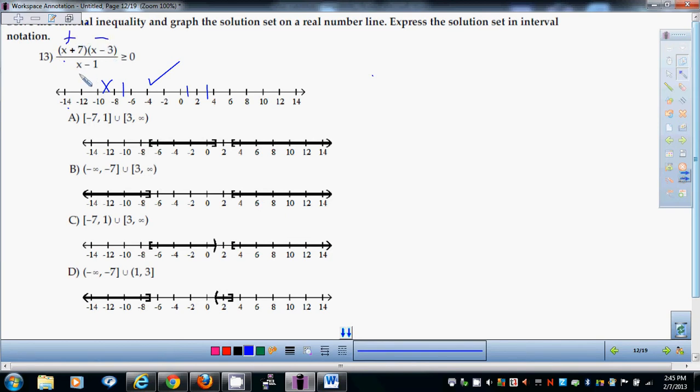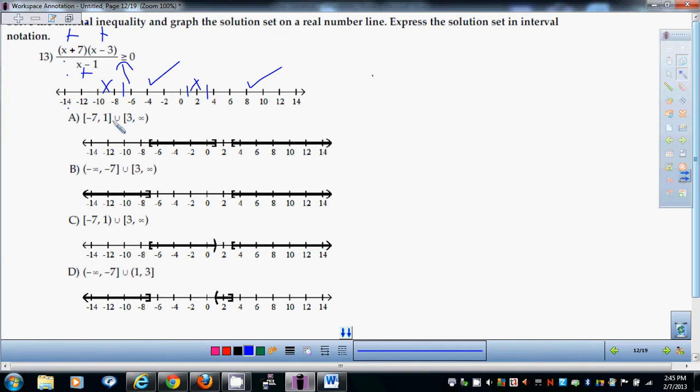Let's try a number greater than 3. A number greater than 3 is going to be a positive, positive, positive, which of course will be positive and greater than 0. Now this has an equals sign, which means it needs a bracket. However, anything surrounding the positive 1 cannot have a bracket because it's in the denominator.